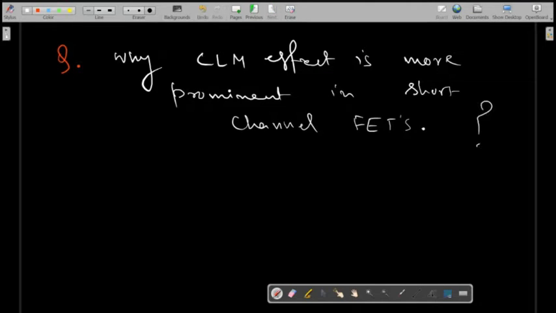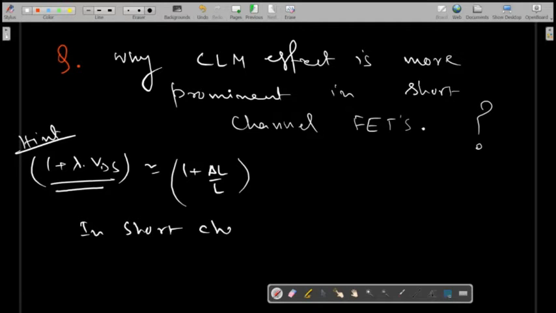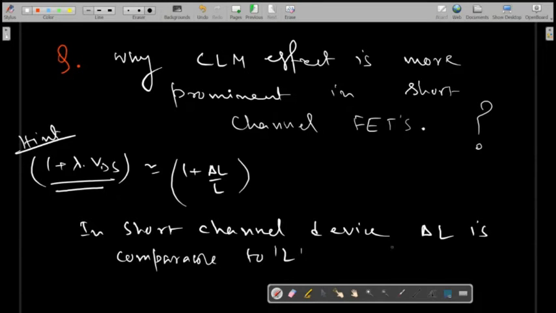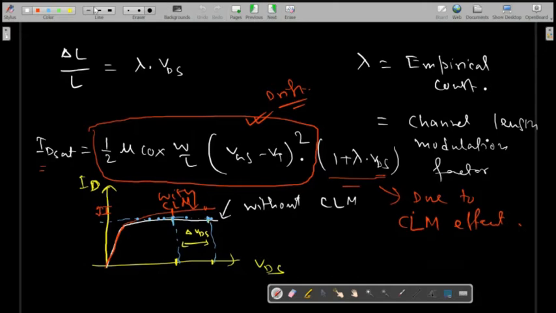I want the answer. Short channel device, delta L is comparable to L, meaning this is no longer negligible, because L itself is smaller. Comparable to L. So the CLM effect is higher.